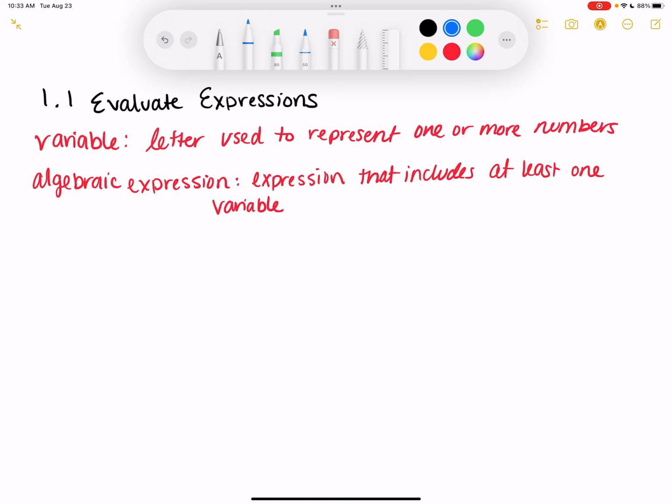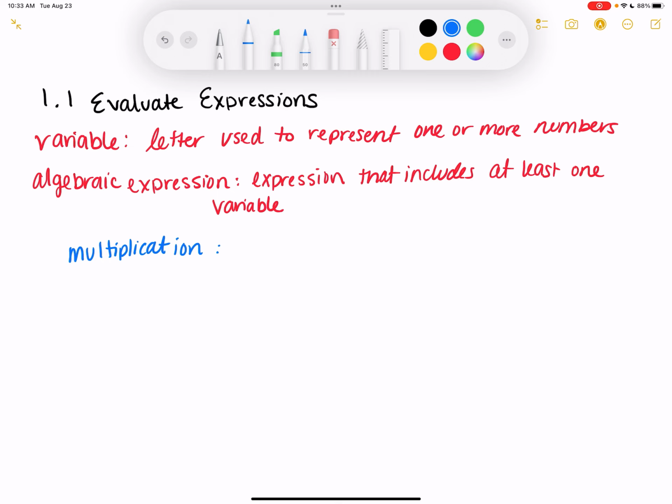And then just a couple of notation things here. If we were going to do multiplication with an algebraic expression, this could be written a couple different ways, so I'm going to show you some of the ways that the book might write it, so that you know what it means in each of those cases.